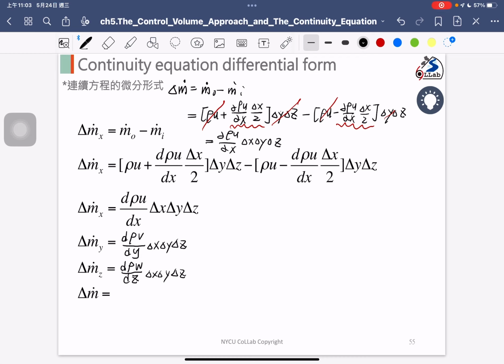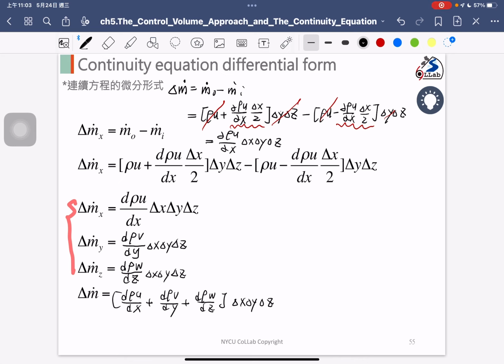So you can merge all the mass flow rate terms together. Finally, you can rewrite the equation as ∂(ρu)/∂x plus ∂(ρv)/∂y plus ∂(ρw)/∂z, multiplied by Δx Δy Δz.